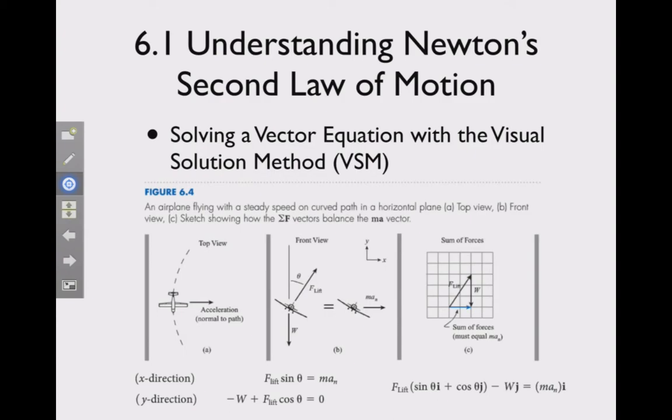Really, I look at this as just a way of writing out, kind of pictorially, drawing some forces. Here's a top view of an airplane that's turning in a curved path, and it's accelerating towards the center because it's on this curved path. We've seen that before: whenever something is curving, it has an acceleration inward.